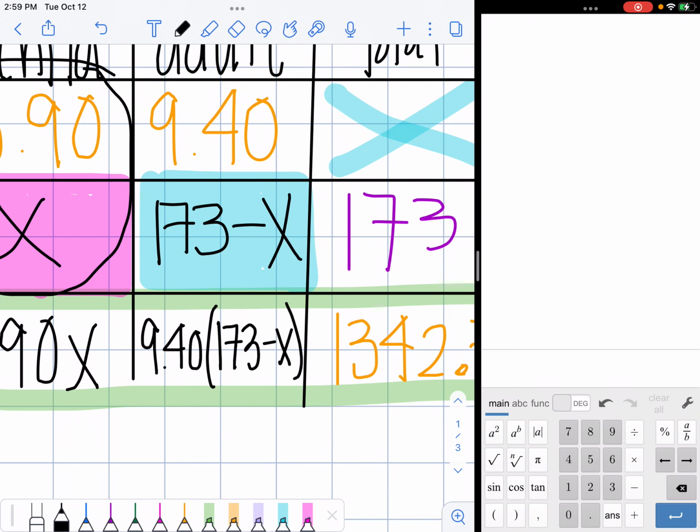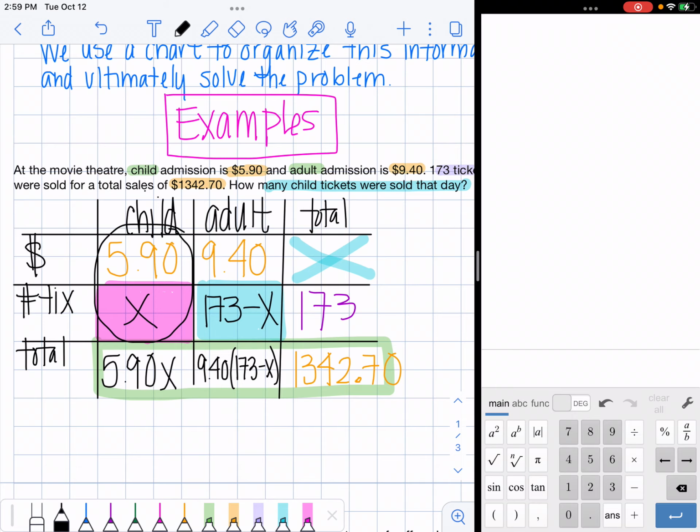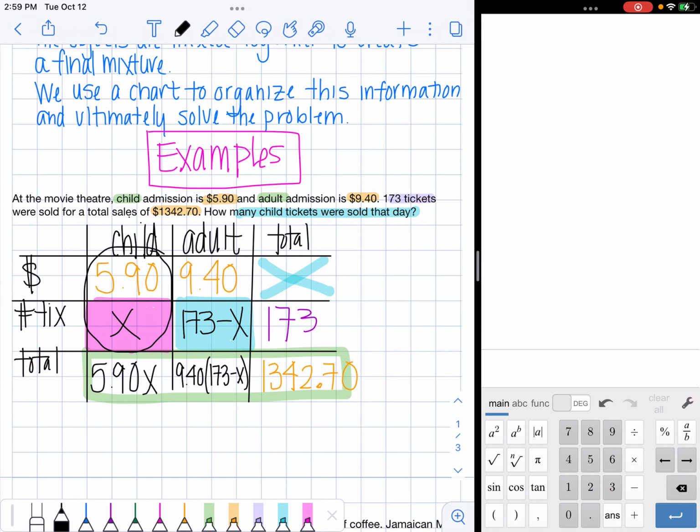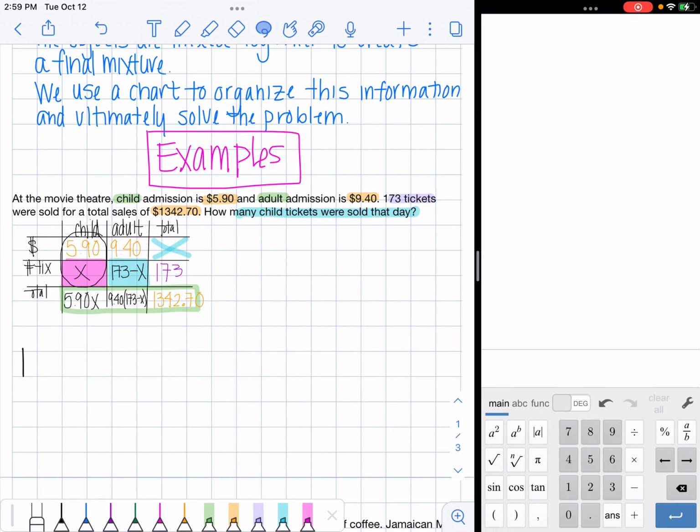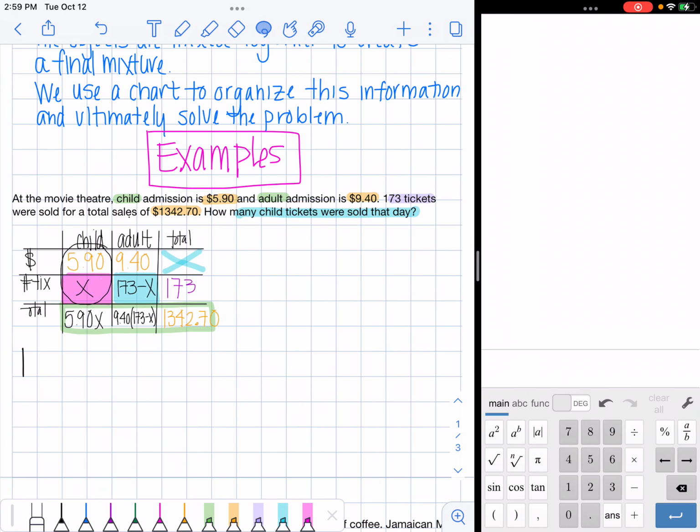Now if you think about it, the total price for children's tickets plus the total price for adult tickets has to equal the total ticket sales. So I'm going to zoom out and shrink down my table so I have enough space to do the math.